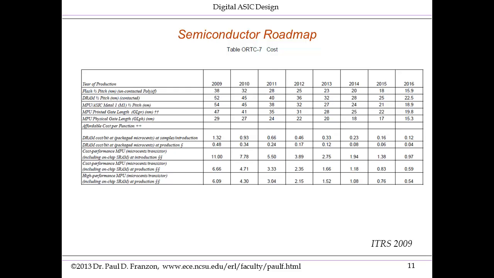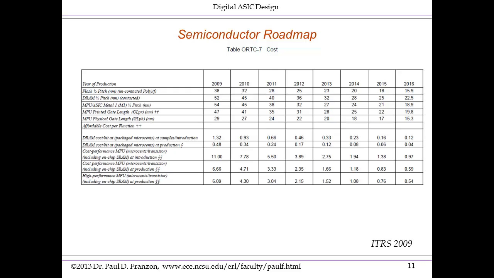So here we have again another table. This is the cost table. Again, the half pitch is at the top there. And you'll notice lines 4 and 5 refer to the printed gate length and the physical gate length. As you can see, the printed gate length is very closely related to the line above it, the half pitch.